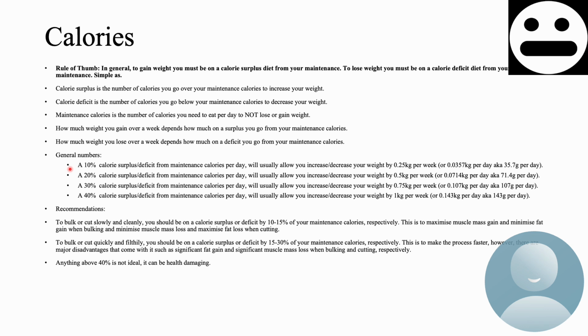So it compounds during the week: first day, second day, third day, fourth day, fifth day, sixth day, seventh day. And by the end of the 7th day, you should be able to lose 0.25 kg per week. Or if you want it per day, it is around 35.7 grams per day of increasing or decreasing your weight if you are on a 10% calorie surplus or deficit.